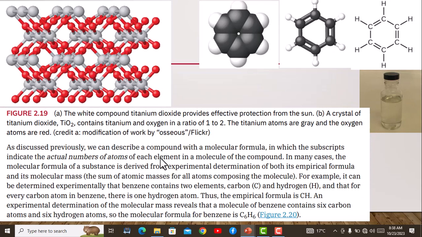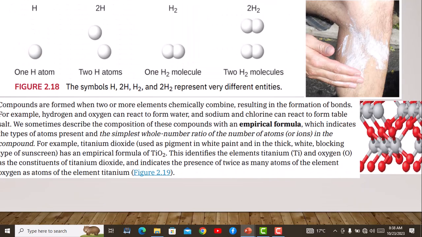Okay, that is fine. And they also said this is an empirical formula.